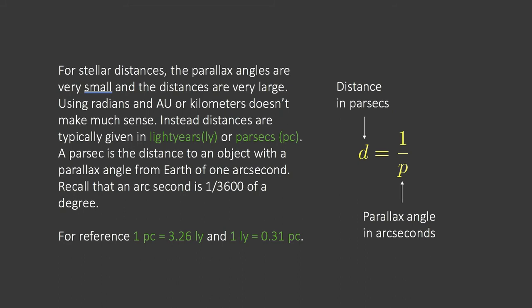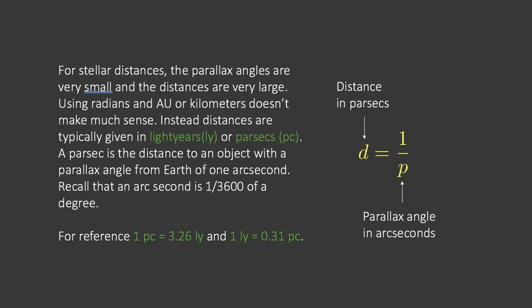Now, what we've used so far is light years, but there is another unit of distance that's pretty common in astronomy, and it's called the parsec. It's based on this idea of stellar parallax. The distance of a parsec is the distance for a star that has a parallax angle of 1 arcsecond.